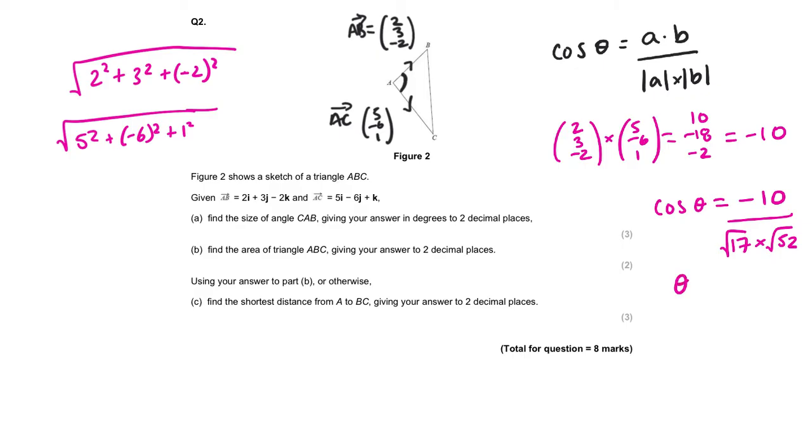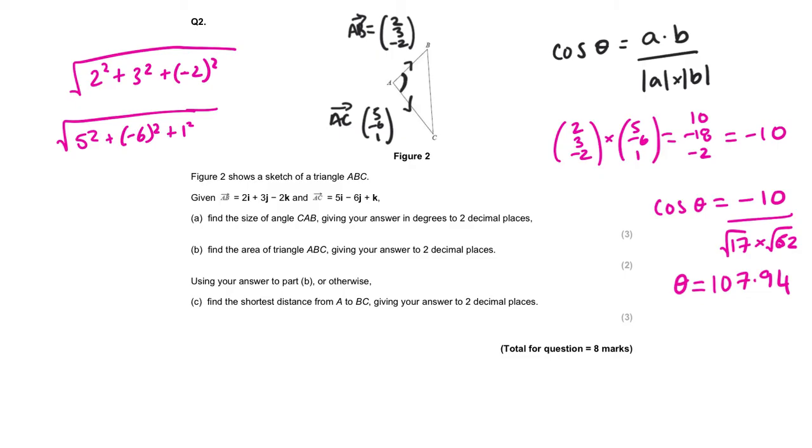I can then do cos inverse of that, and I will get 107.94 degrees to 2 decimal places.